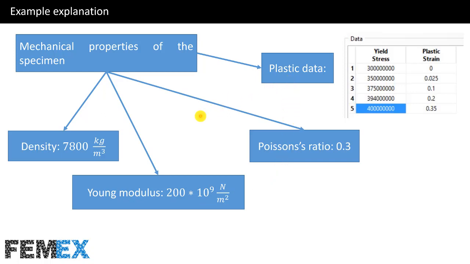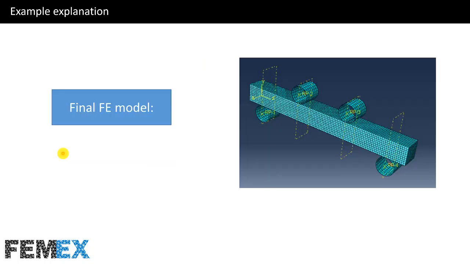Because we are going to use a static general step, there is no need for using density and adding it to the definition of the material of a steel bar. This is the final FE model that the Abaqus standard solver will solve.